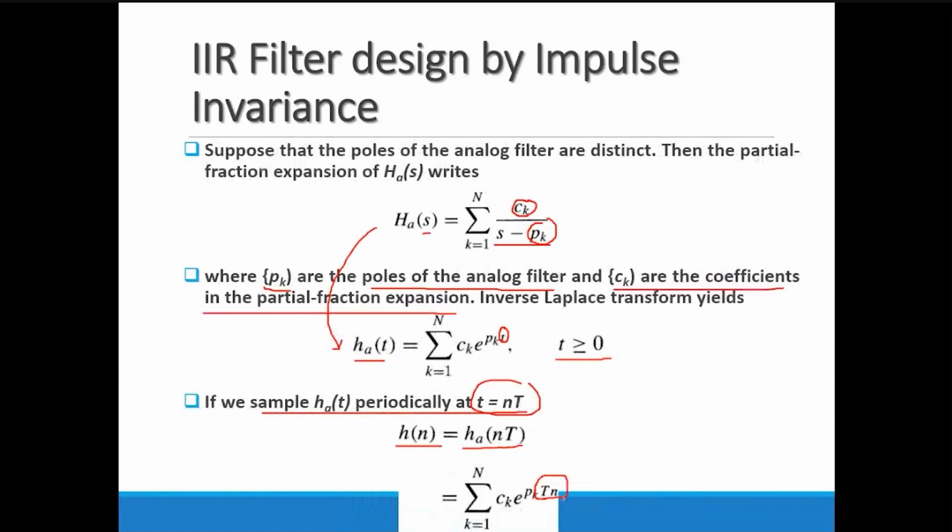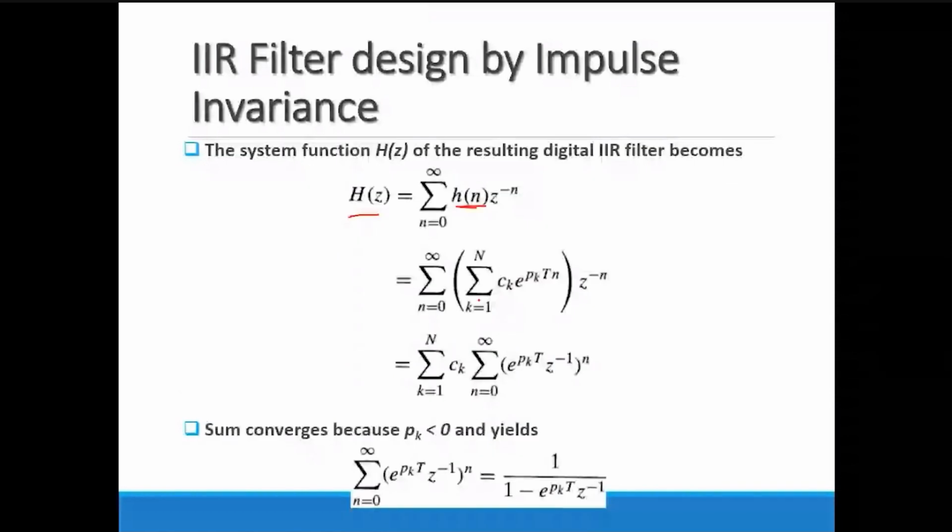That value I am applying over here. By interchanging the summation terms and modifying, the sum converges for pk less than 0, and you get the answer 1 upon 1 minus e raised to pk T into z inverse.